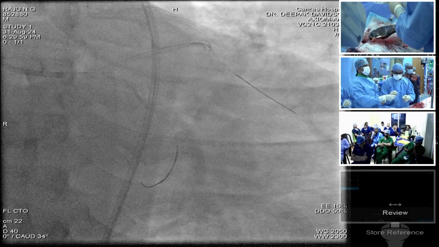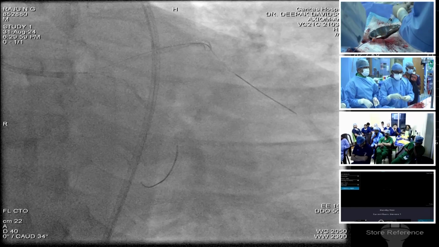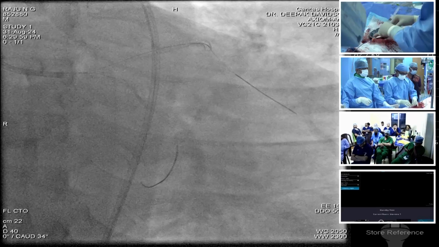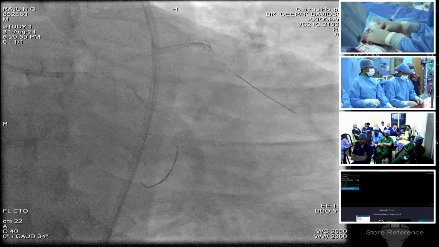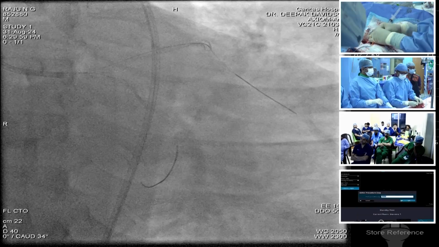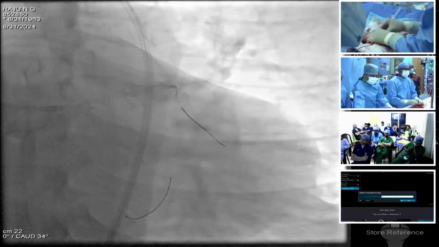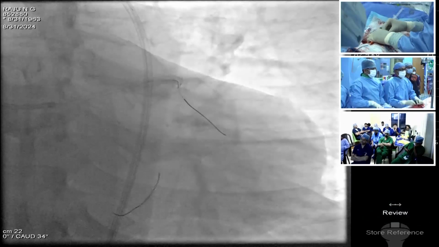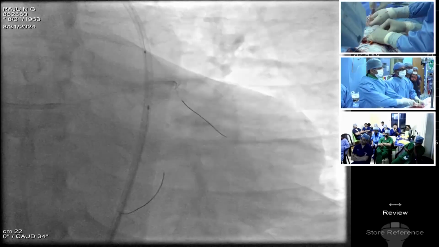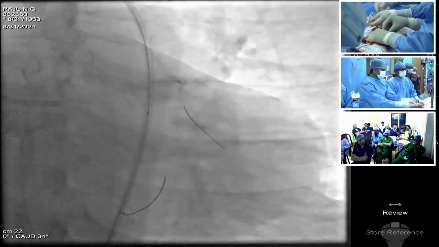Fluoroscopically, it's not a distal crossing. Then a 1.5 millimeter balloon, 2 balloon and 3 balloon. If it's a very huge left main, it's always good to further do a second crush sized to the left main with a 4.5 balloon.